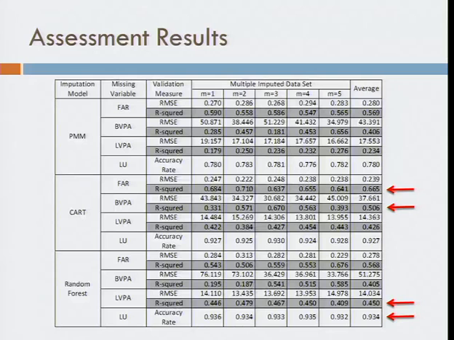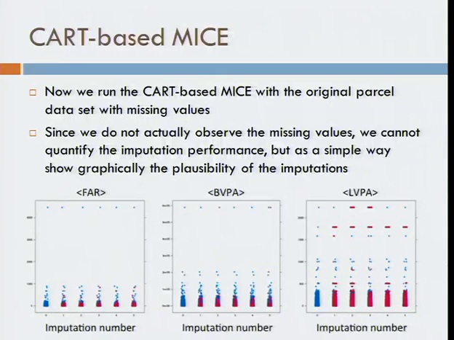But random forest MICE has a computational burden, so under the limited computing power, we decided CART-based MICE performs the best. With this assessment result, we now run the CART-based MICE on the original parcel data set with missing values.